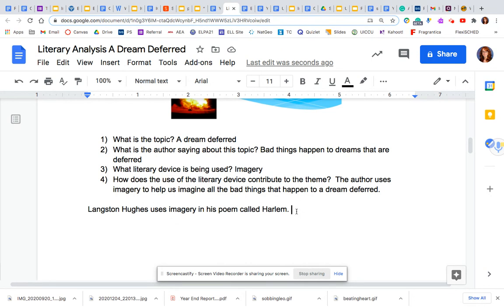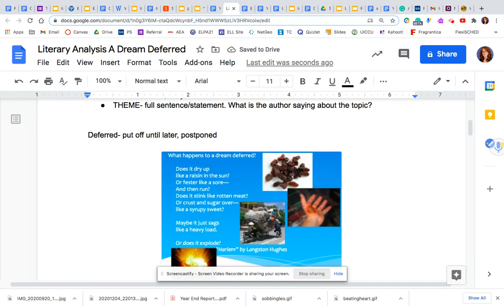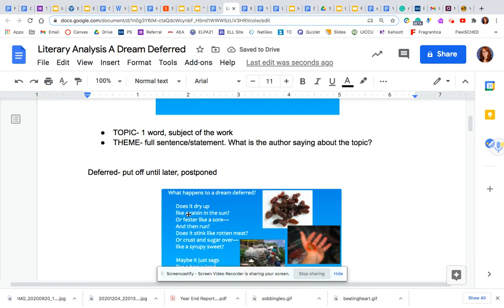Okay, we need now to give some examples of this imagery. So we can start off by saying, for example, he says that a dream deferred might dry up like a raisin in the sun.